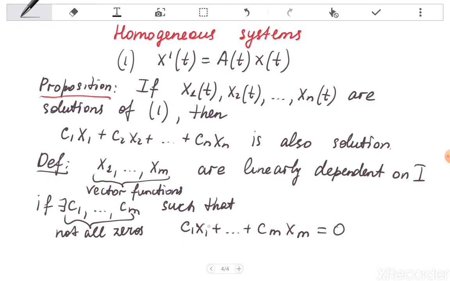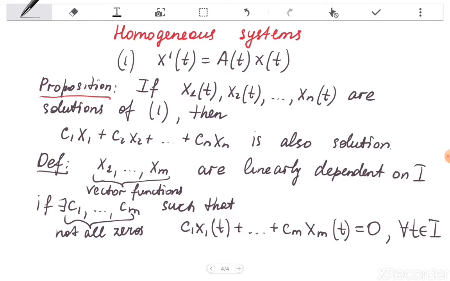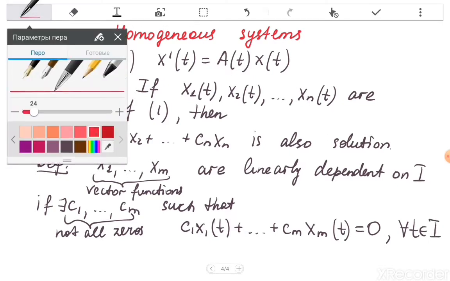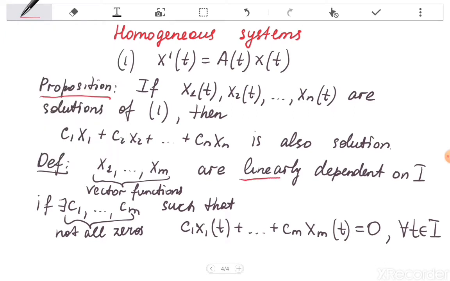And these are functions, right? So in fact these vector functions depend on t. And this must hold for any t from the interval. If this is true for any t from the interval, then we say that these are linearly dependent.